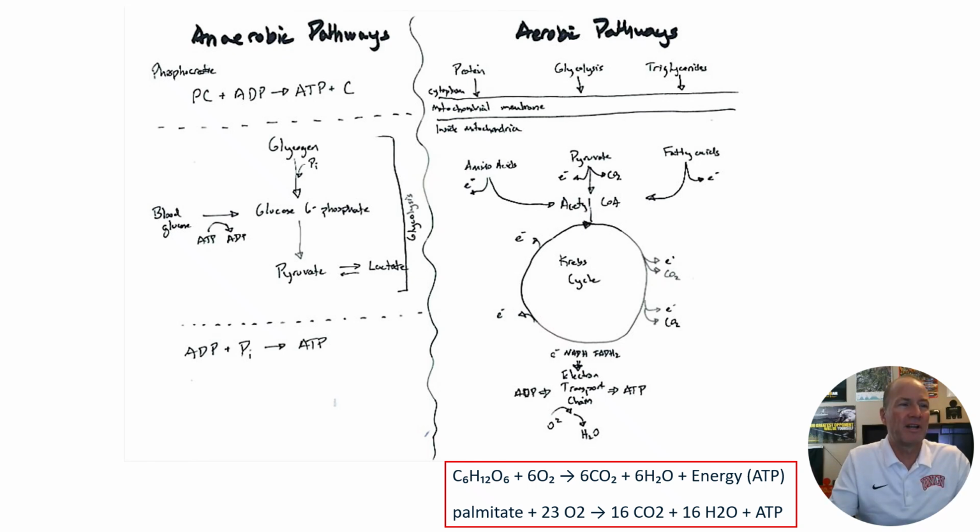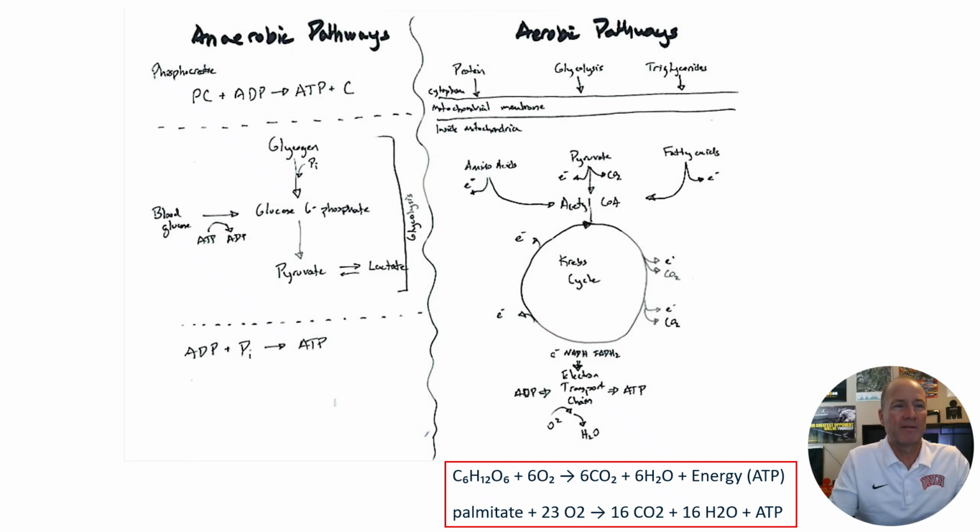In this case, I drew out a couple of the chemical equations. So here we have C6H12O6. This is glucose. If we take glucose and add some oxygen to it, we can transform that glucose into carbon dioxide, water, and energy, ATP. And that ATP is what's used in muscle contraction.